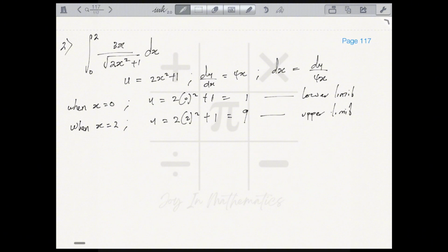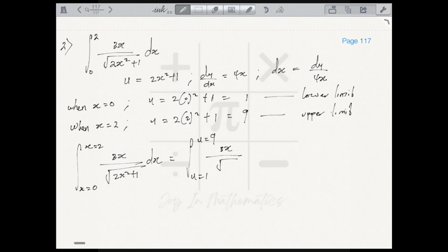Therefore, we can make our substitution of change of variable. The integral from x equals 0 to x equals 2 of 3x divided by square root of 2x squared plus 1 dx becomes, as we are changing our upper limit and lower limit, the integral from u equals 1 to u equals 9 of 3x divided by square root of u, because we have made the substitution u equals 2x squared plus 1, and our dx is now du divided by 4x.